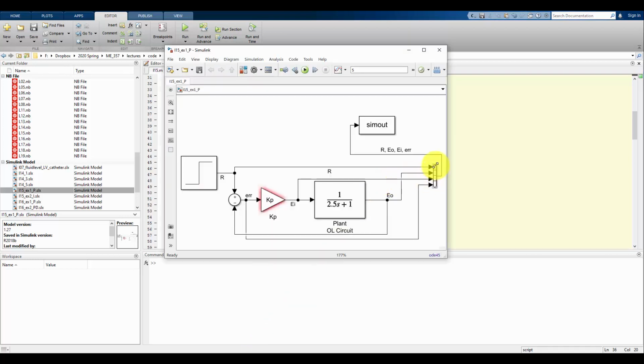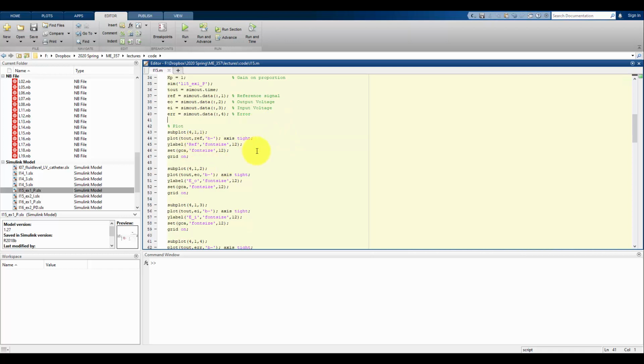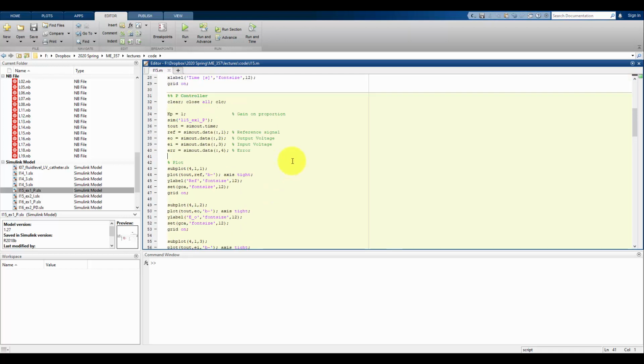Once again, it comes out in the same order. Each column is in order as this concatenates vertically. In my schematic, I wrote it out here to remind me. First column will be R, E out is second, EI is third, and the error is fourth. And it's the same as reflected in the MATLAB. And I'm going to plot all 4 of those signals simultaneously. All right, so I'm going to run this.